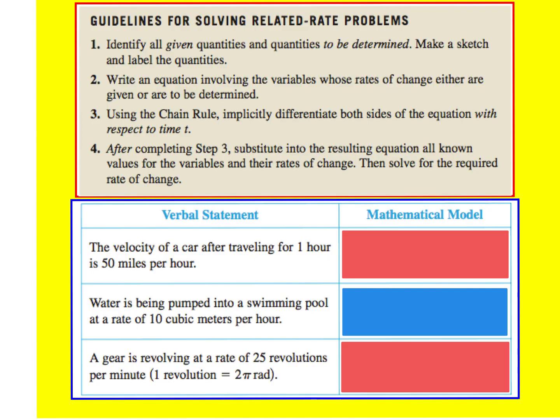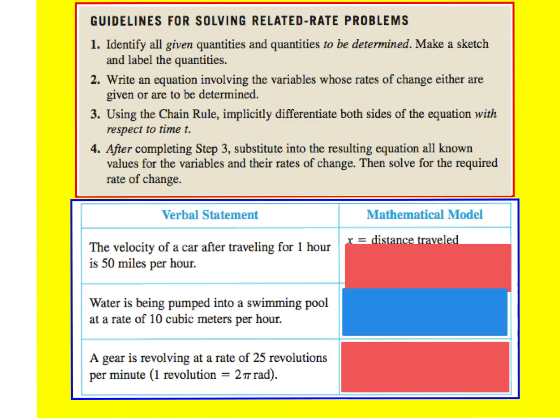A lot of related rate problems are about knowing how to read. That's our struggle a lot of the time in mathematics, we don't really know how to read very well, so that's what we're going to work on here. It says the velocity of a car traveling for 1 hour is 50 miles per hour. So we need to talk about a time and a distance.